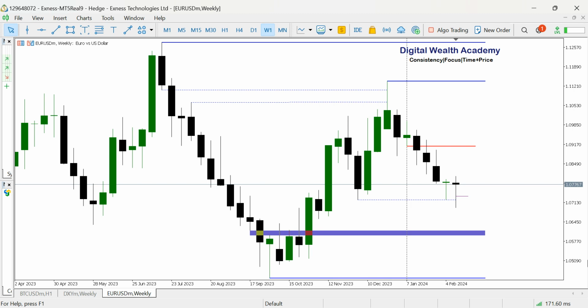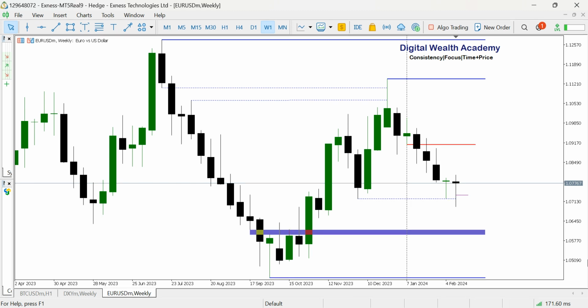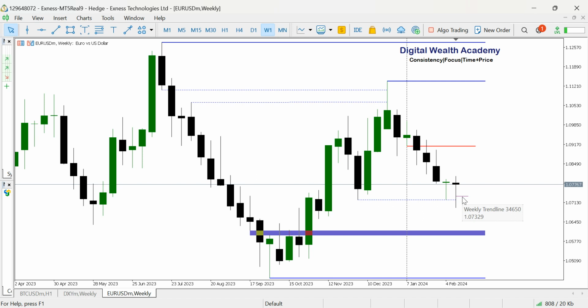I am anticipating euro and the DXY to respect the weekly consequent encroachment of the weekly candle. What I mean is, you can see there is a long wick on the weekly candle. So I'm expecting the consequent encroachment, which is this little line I drew here, to be effective.